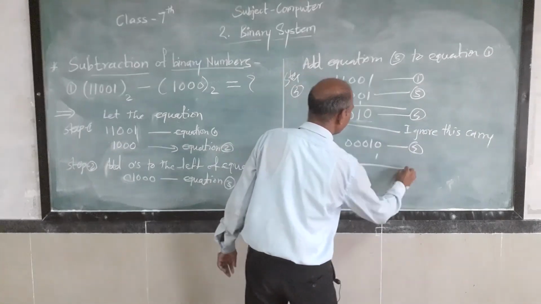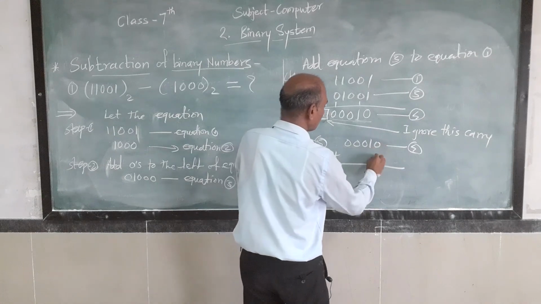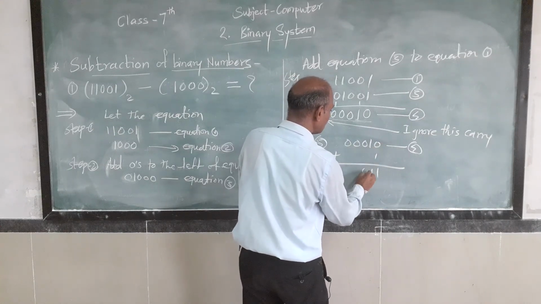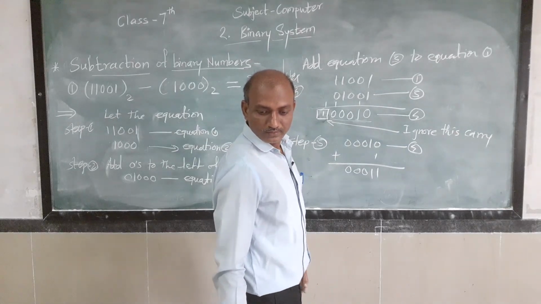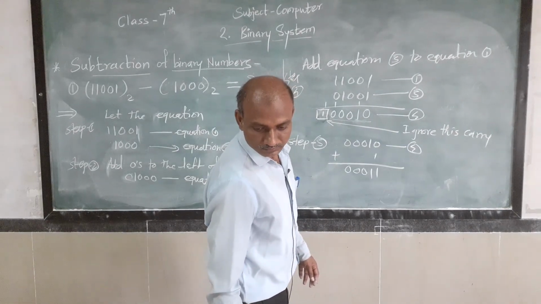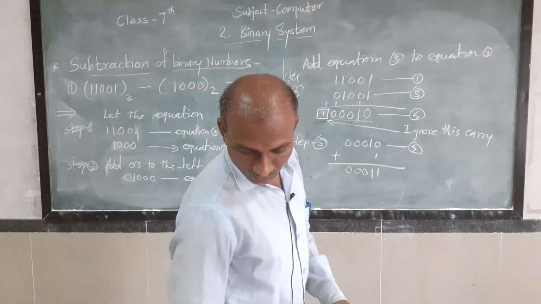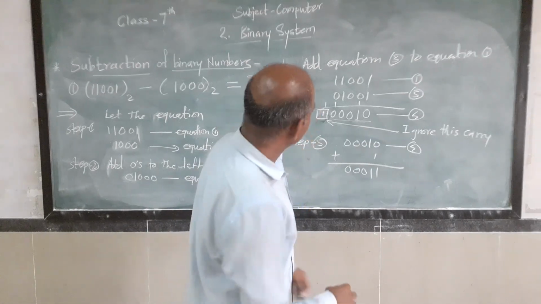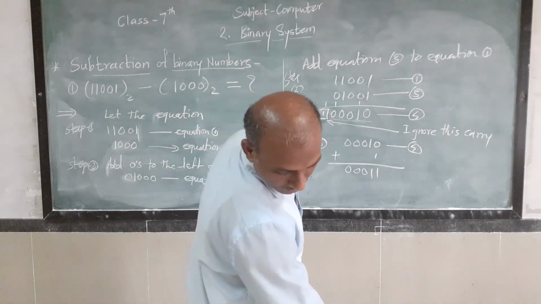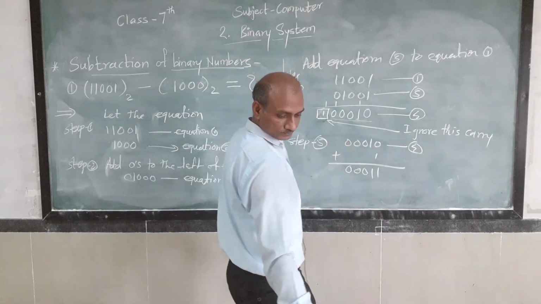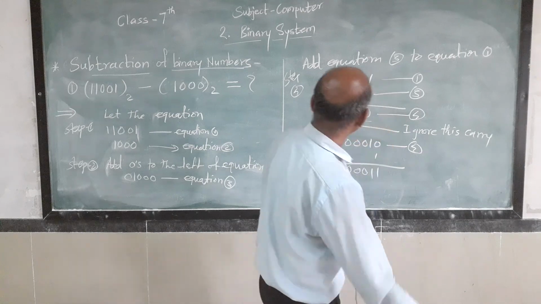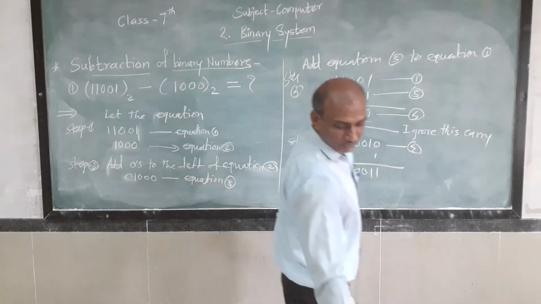Add 1 to this equation. 0 plus 1 is 1, and 1 1 0 0 0. Okay. What will you get?